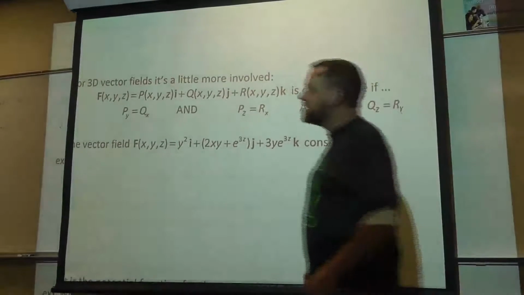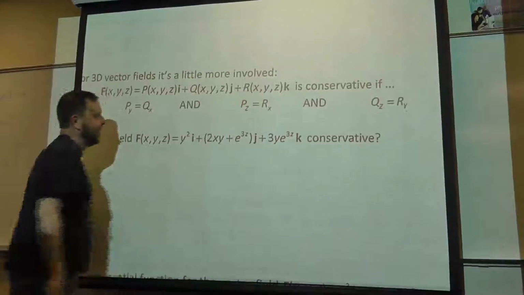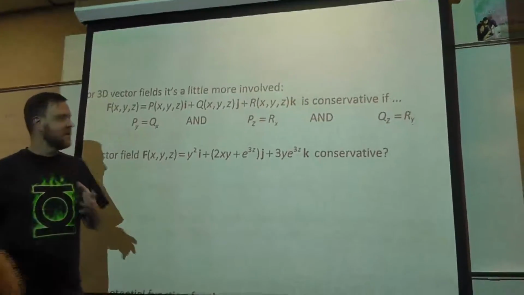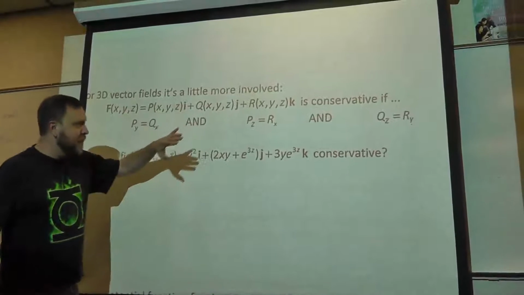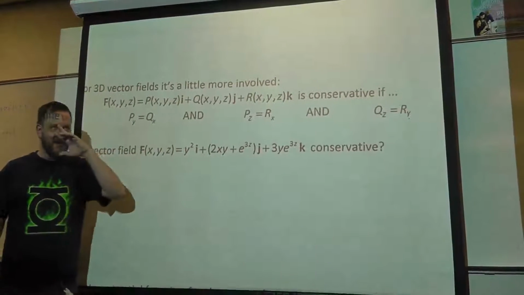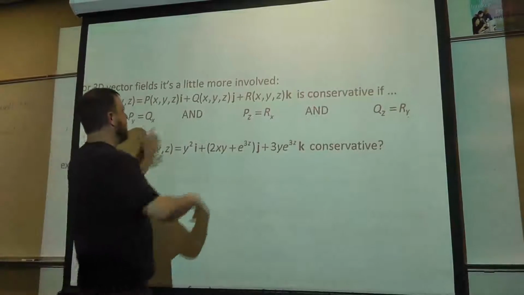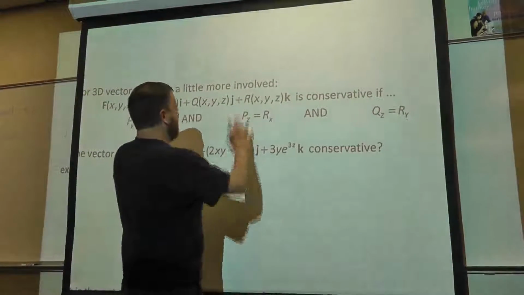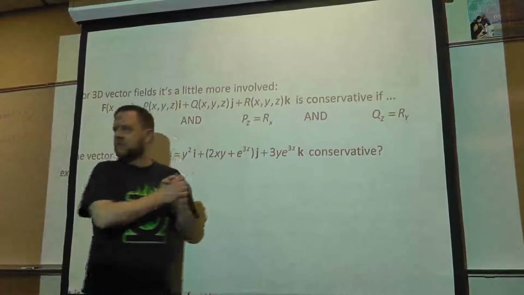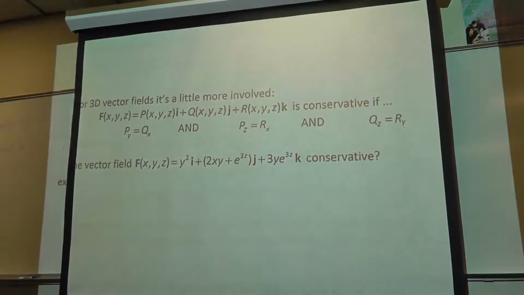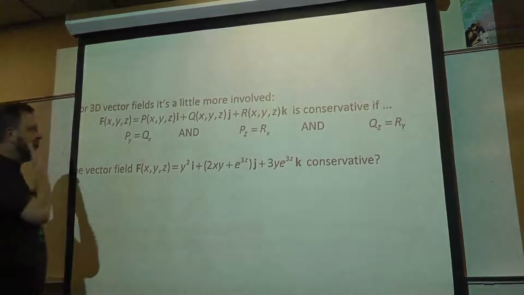You're going to name the components of the vector field P, Q, and R now, and since we're in 3D, those will be functions of x, y, and z in 3 space. To check for conservativity, you make pairings. There are 3 different pairings you can do here. You compare P with Q, you compare P with R, and you compare Q with R, you see? And you still do the same kind of mixed partial derivative check.